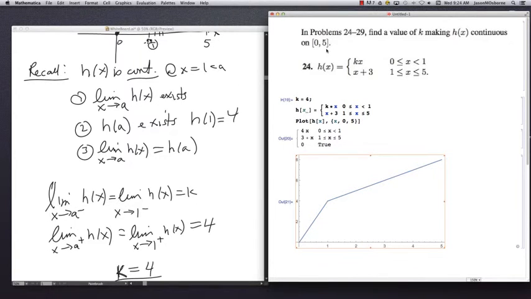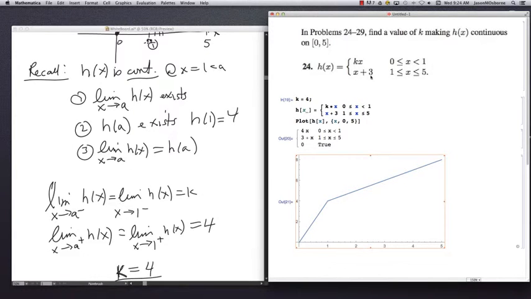So you have many practice problems of this nature to be given a piecewise defined function and to find the value of k that makes it continuous. And usually the difficulty is to figure out the point where it jumps right here. You notice there's a switch in this function at x is equal to 1.